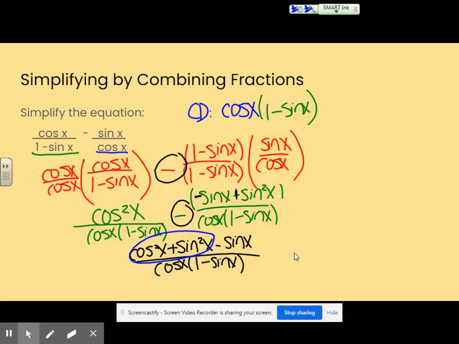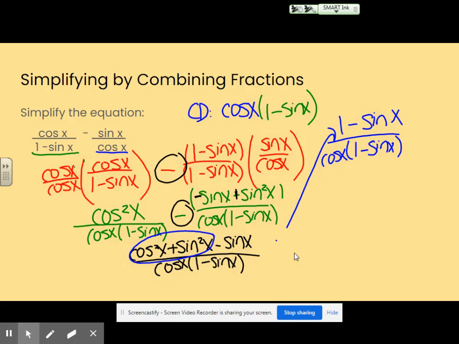So I'm going to substitute it. That's going to turn my function into 1 minus sine x over cosine x times 1 minus sine x. Awesome.